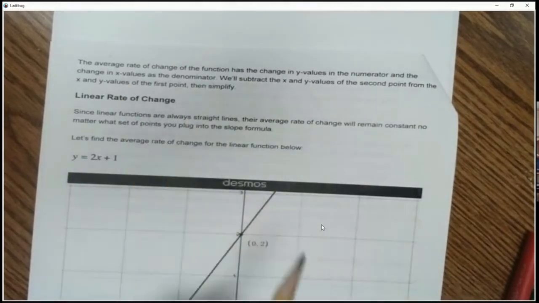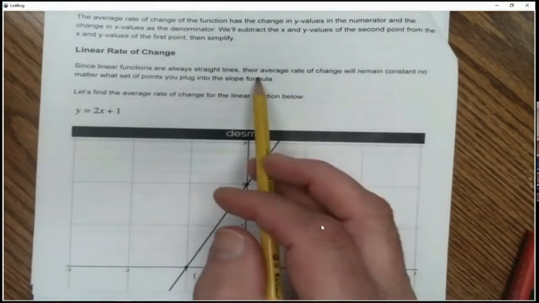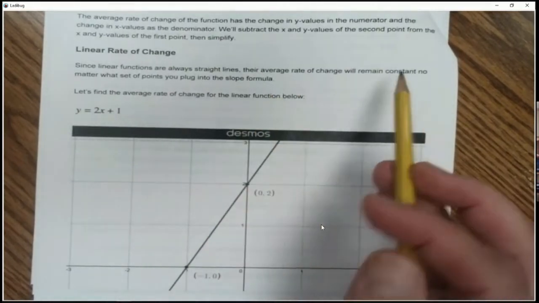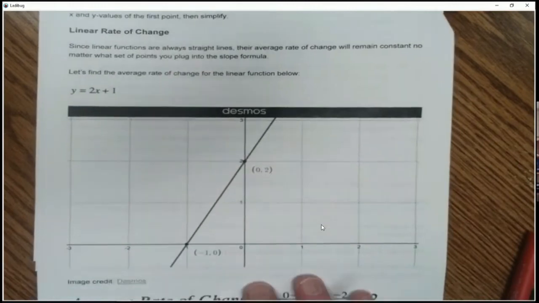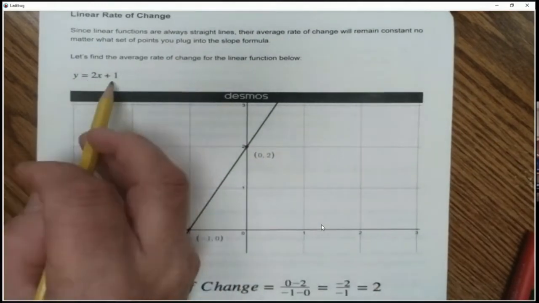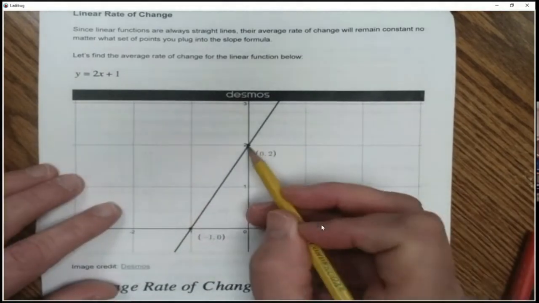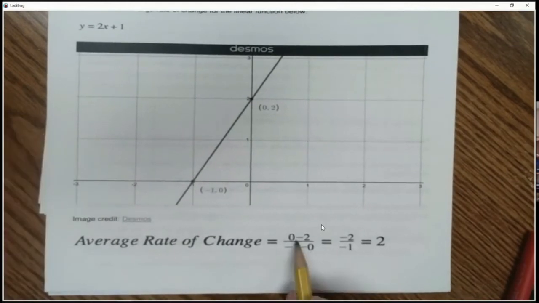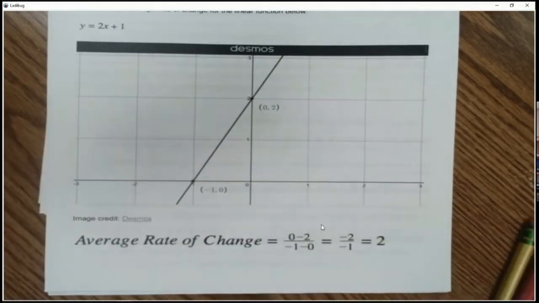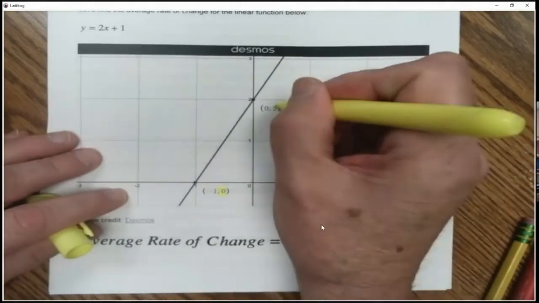All right, so let's look at one. Since linear functions are always straight lines, their average rate of change will be the same as the slope, no matter what points we select. So if we look at this function, y equals 2x plus 1, if you choose these 2 points, -1, 0, and 0, 2, our average rate of change is we subtract the y's. So our y's are right here, 0 and 2.